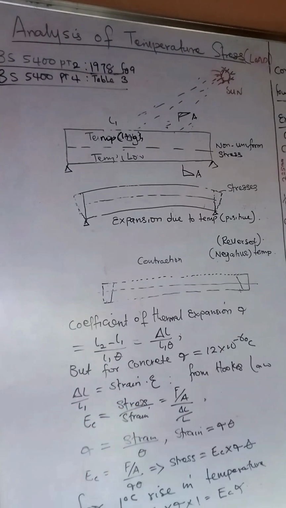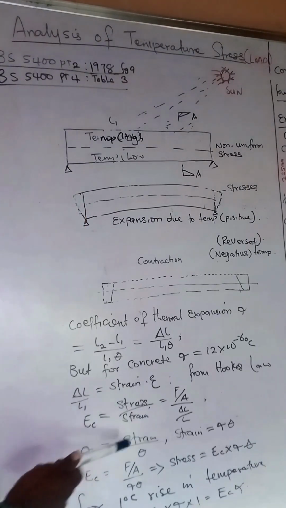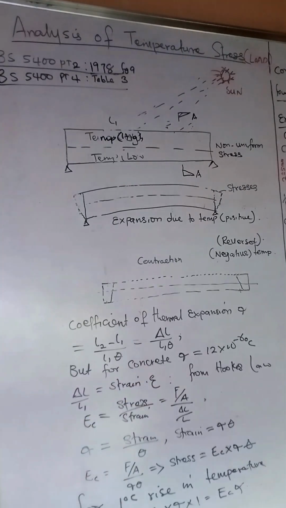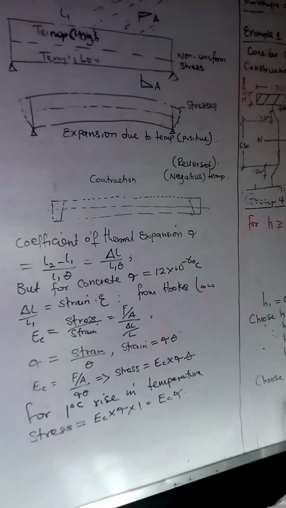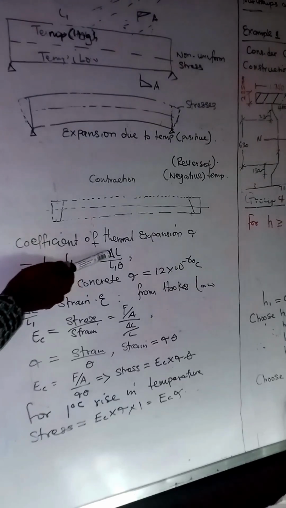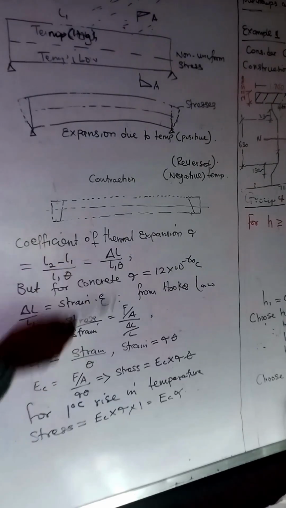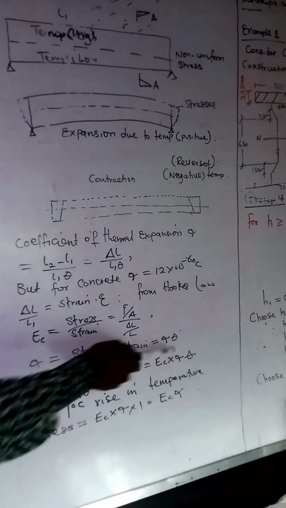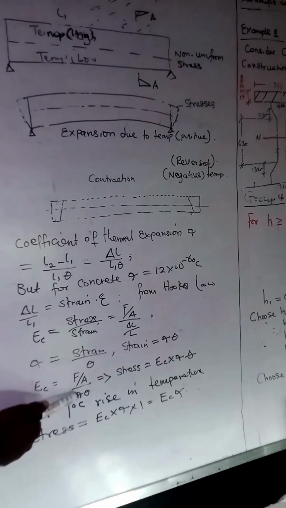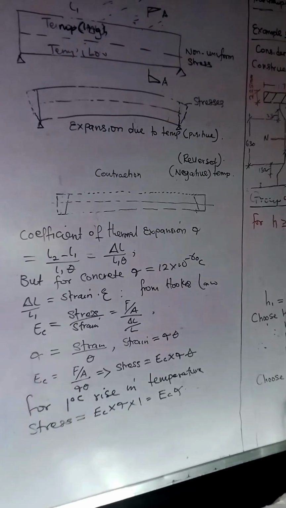So if we are talking about a coefficient of thermal expansion of this structure, it means that we are going to have our strain over our theta. So that's why we have it here. So strain becomes alpha theta. So we can therefore say that the modulus of elasticity becomes stress over alpha theta, where the alpha theta represents our strain.